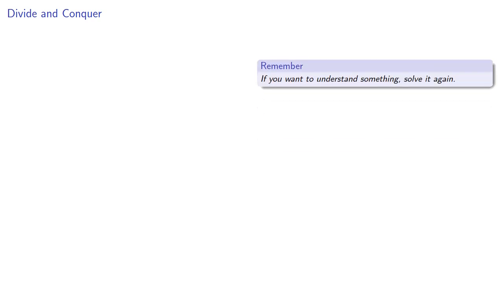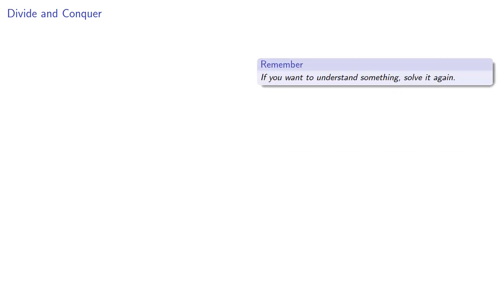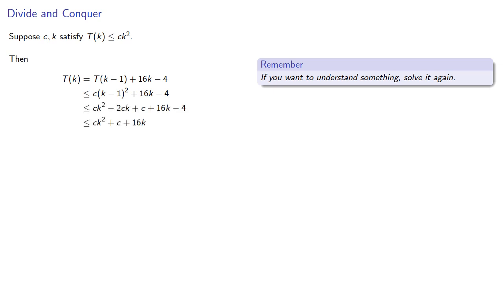But remember, if you want to understand something, solve it again. So suppose c and k satisfy t of k less than or equal to ck squared. Then we can expand, drop the subtracted term, and then we have, now we can do several things at this point. We could change our ansatz.